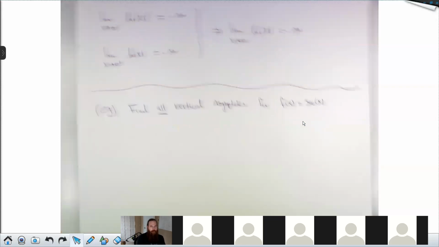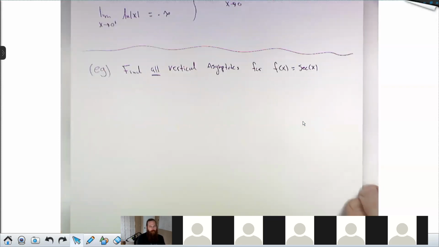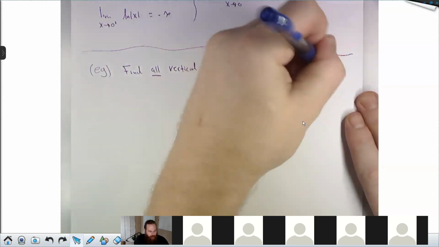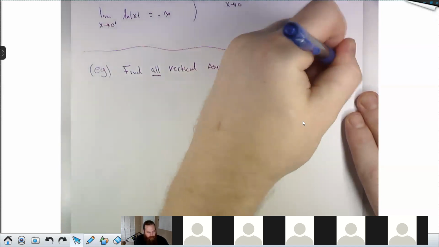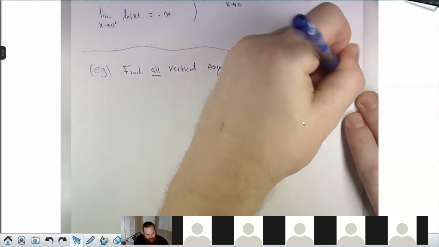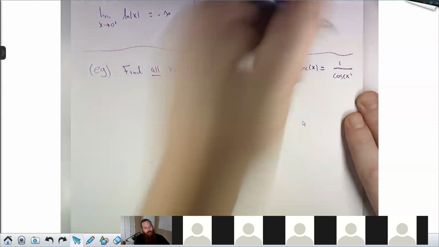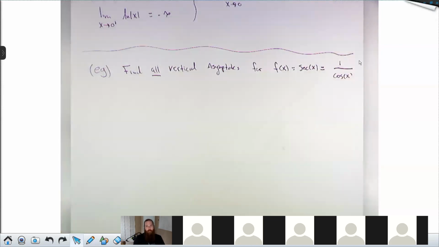So we'll want to look at a graph of secant at some point here, or draw a graph of secant. It may be wise to recall that secant is the reciprocal of cosine. So secant is going to run into problems when cosine is 0. And that will help us find our vertical asymptotes.